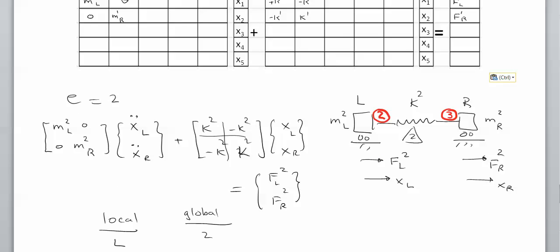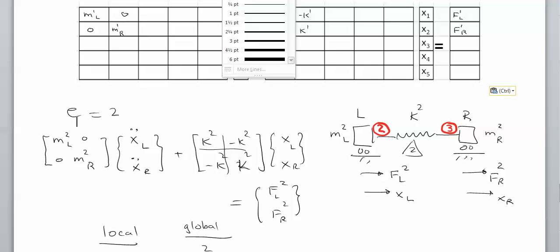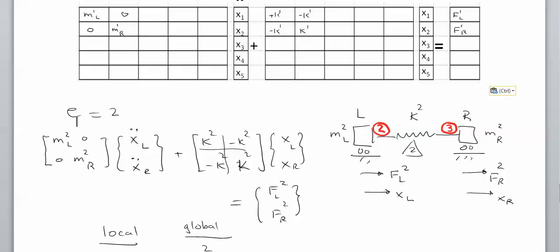So where is this stuff going to go? I'm going to use a different color. So let me switch to, say, red. So there's going to be a plus m left from element 2, a 0, a 0, m r element 2.